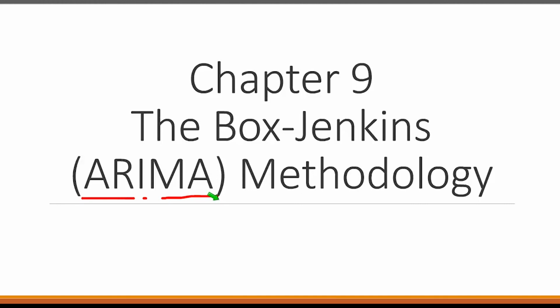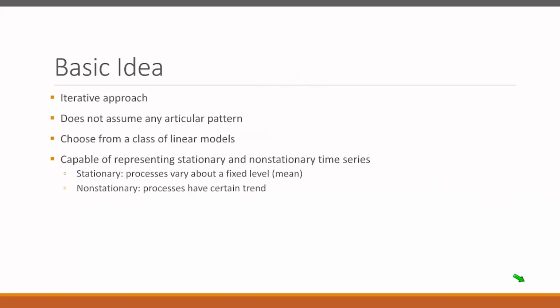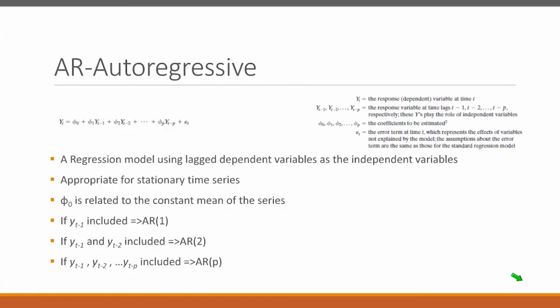Then we run the model, okay? And then after running the model, if we decide the model is good, we'll use it for forecast. If we decide we need some improvement, then we go through the process again to further determine what else we can do, okay?